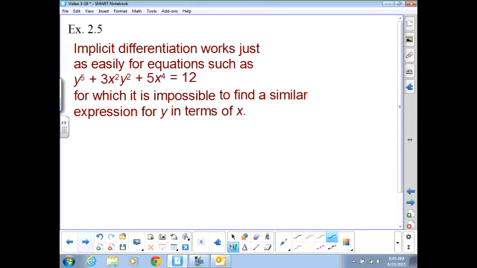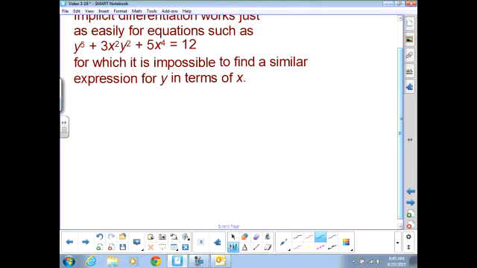All right, so we're going to look at a couple implicit differentiation examples just to make sure we have the process down solid. Remember, anytime we're taking a derivative that has a y in it, we need to multiply by y prime. That's coming from the chain rule and the fact that we are taking the derivative of y with respect to x. So in this function here, we'll do 5y to the 4th, but we have to multiply by y prime. Then we've got a product rule going on here.